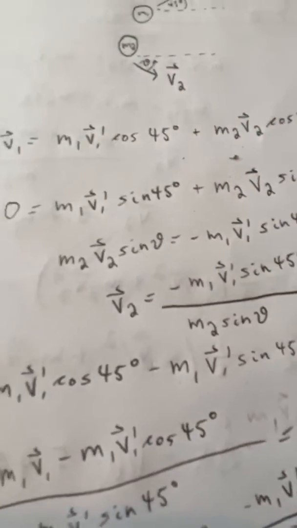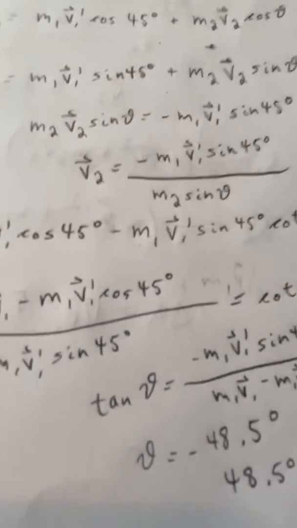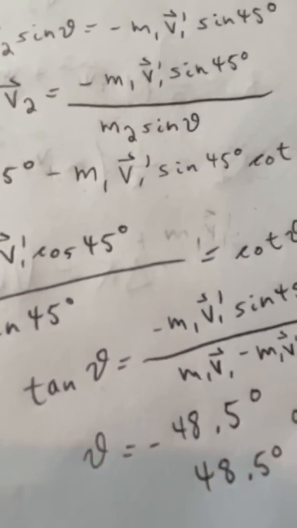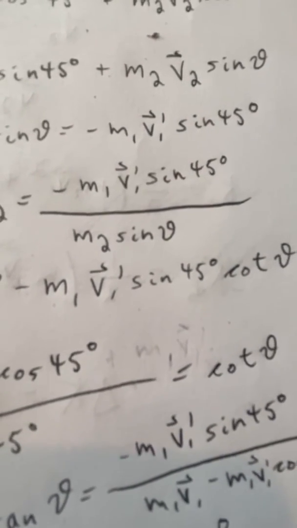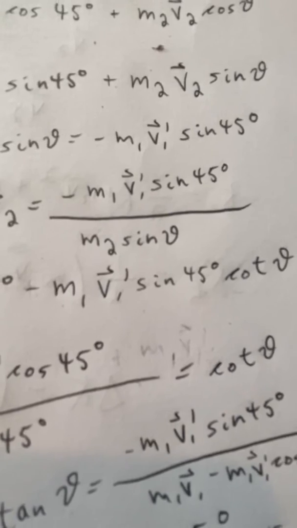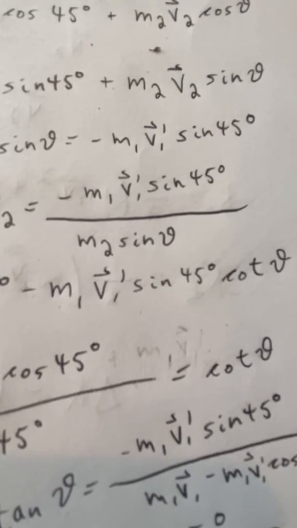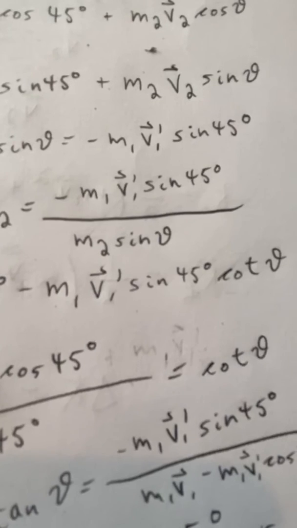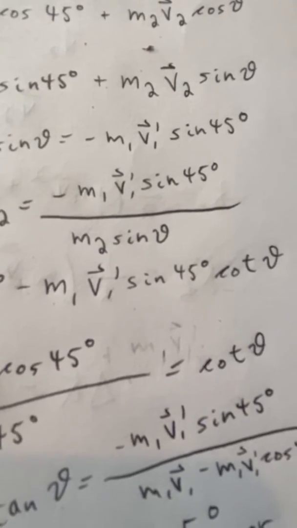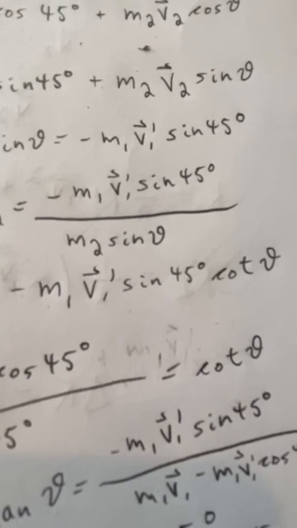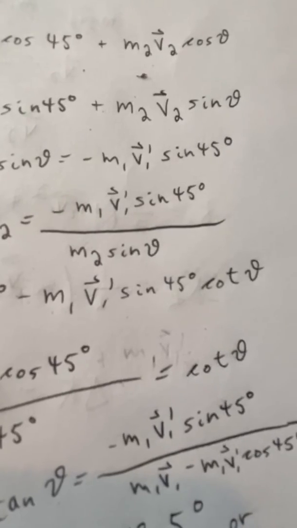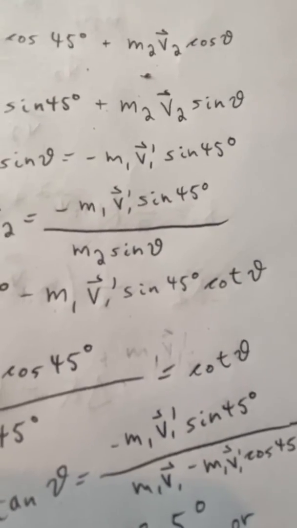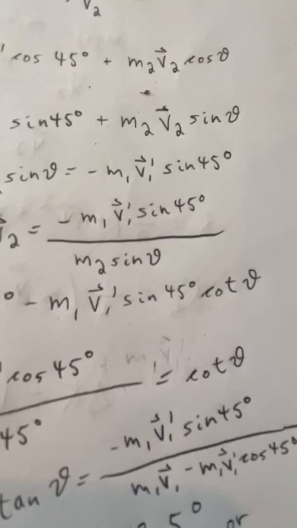And from there, if we want to know what the velocity v2 of this second object is, we can really take our pick, because now we only have one unknown in a sense. So we can just plug things back into this equation here. So we do minus 0.25 times 1.5 times the sine of 45, and then we'll divide that by m2, which is 0.4, times the sine of theta, and theta is minus 48.5.